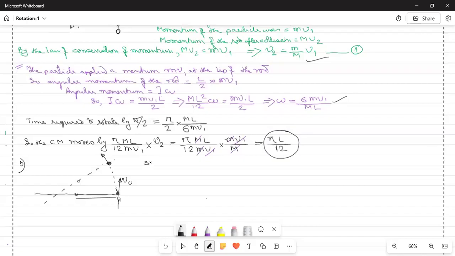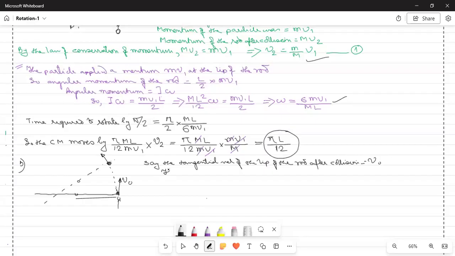So the tangential velocity of the tip of the rod after collision is equal to v0, right?